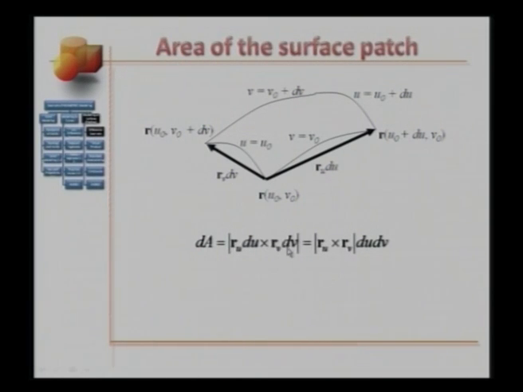These are positive scalars, so we can extract them out of this absolute value sign. So we have the absolute value of r sub u crossed with r sub v times du dv.